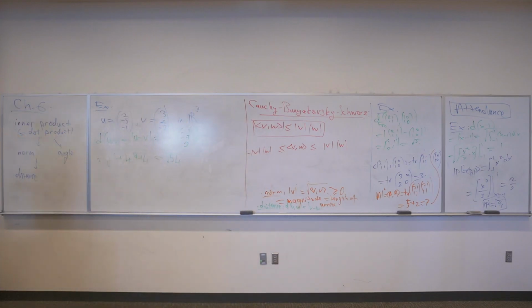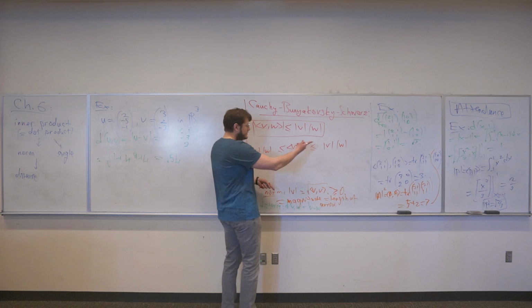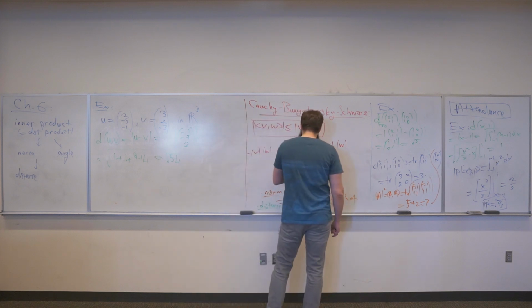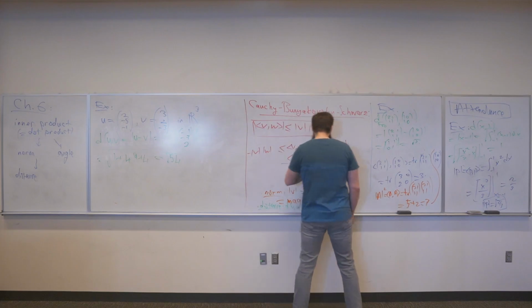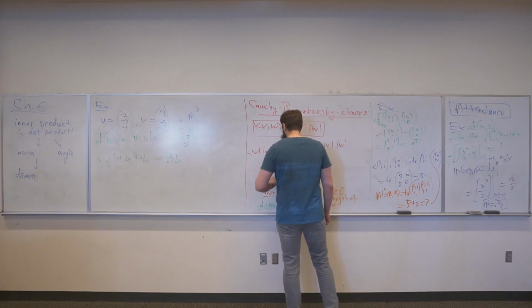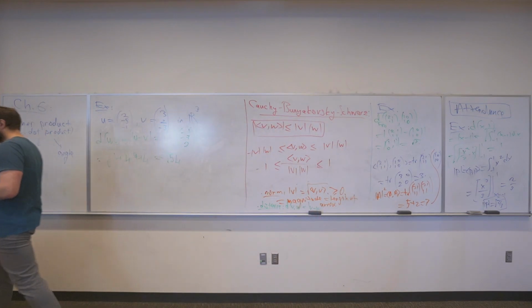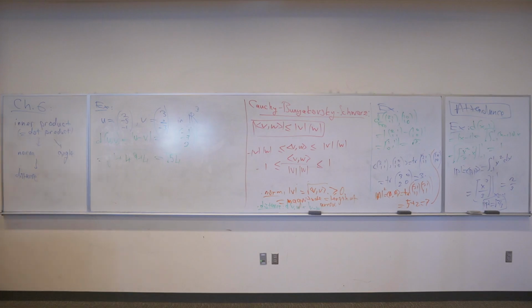Either both of these vectors are 0, in which case there is not much to do. But assuming that the vectors are not 0, the norms are going to be positive numbers, which means you can divide everything and get this: v against w divided by the v norm times the w norm is upper bounded by 1 and lower bounded by minus 1. Okay, if that is the case, we know cosine varies between minus 1 and 1.